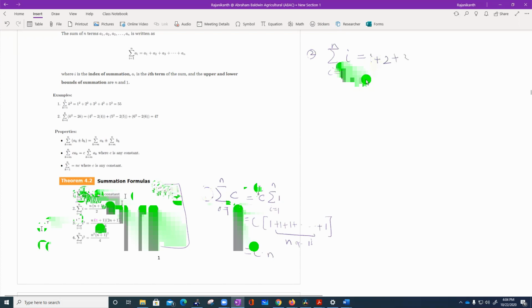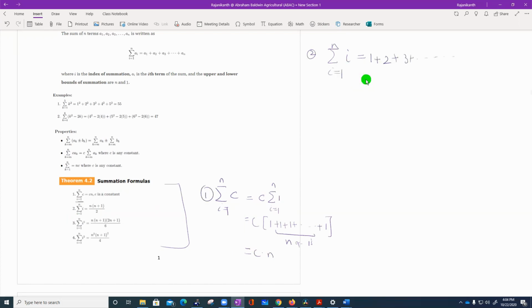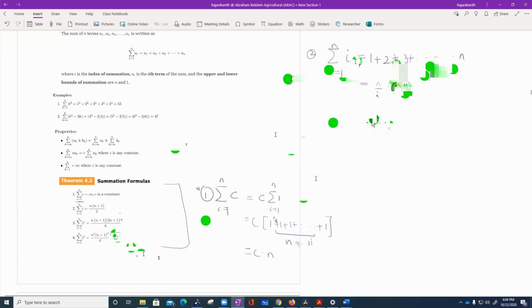The next one is 3, and so on, right? So the last i value is going to be n. So you are adding all this. The formula says that if we add all the numbers from 1 to n, that is simply n over 2 times n plus 1.